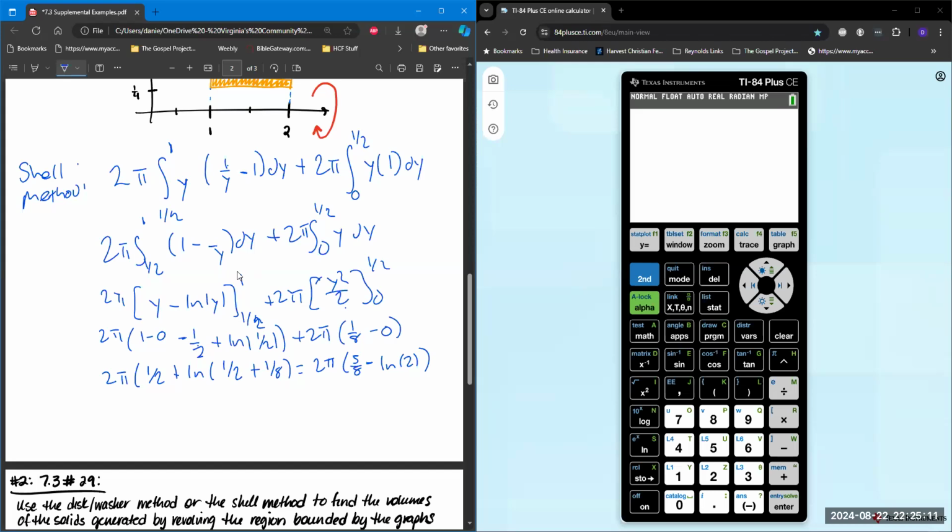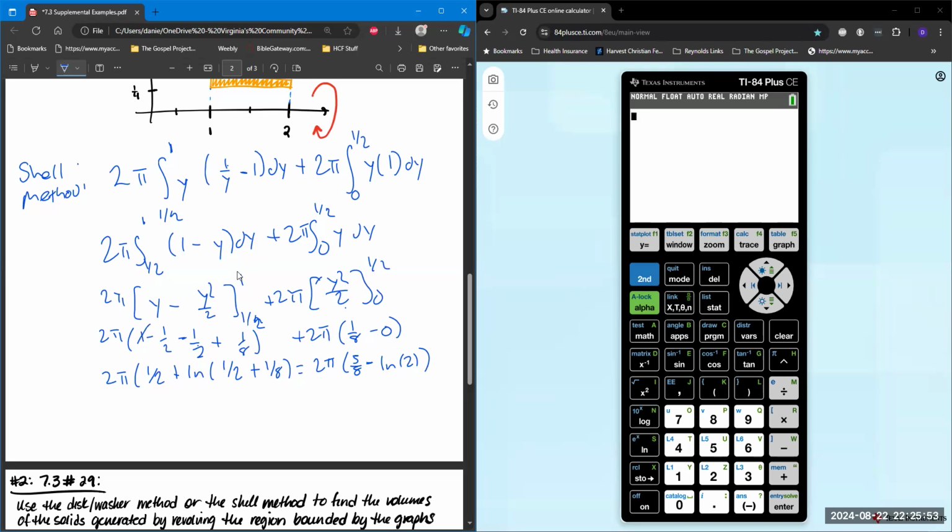Why did I say 1 over y? This is y, so this is going to be y squared over 2. And that is 1 minus 1/2, and then minus 1/2 plus 1/8, plus 2 pi times 1/8 minus 0.